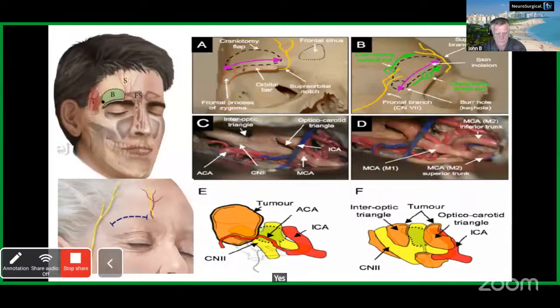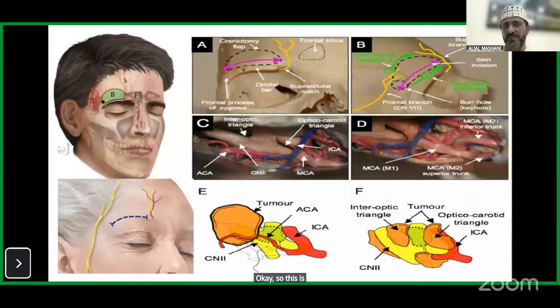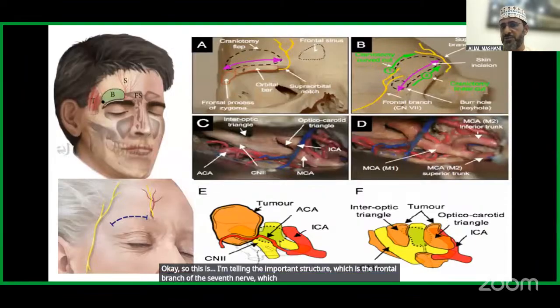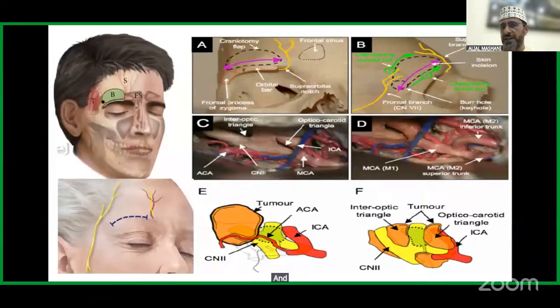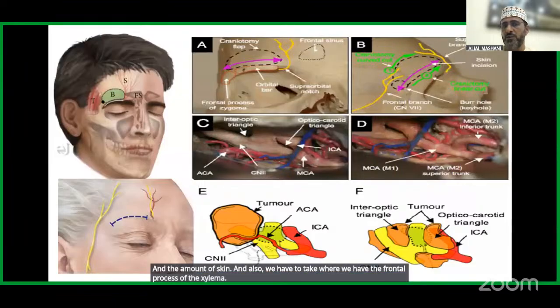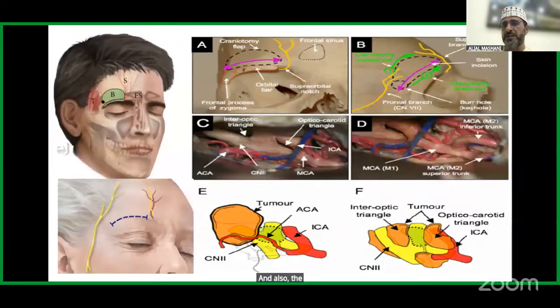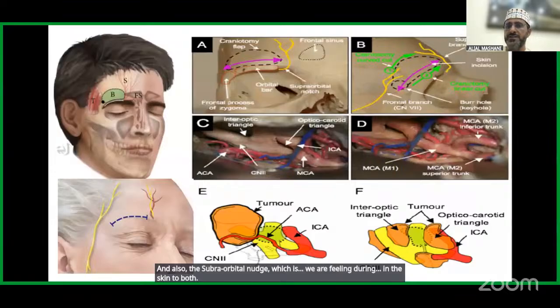Okay. So I'm telling you the important structure, which is the frontal branch of the seventh nerve, which is important to take care of. Also the supraorbital nerve and the amount of skin. We also have to identify the frontal process of the zygoma and the supraorbital notch, which we feel on the skin to place our skin incision.